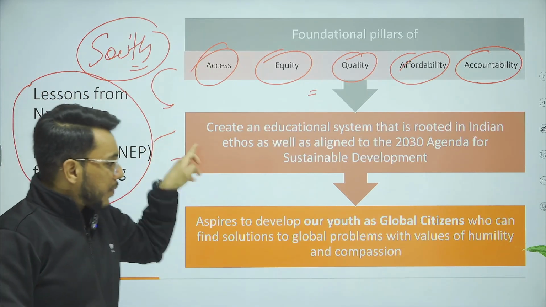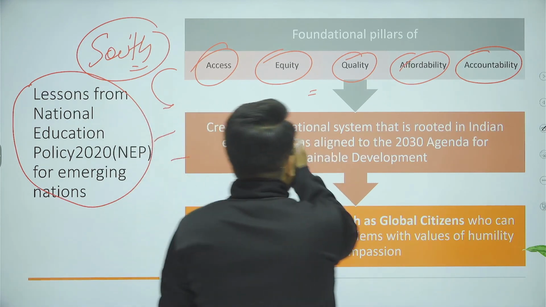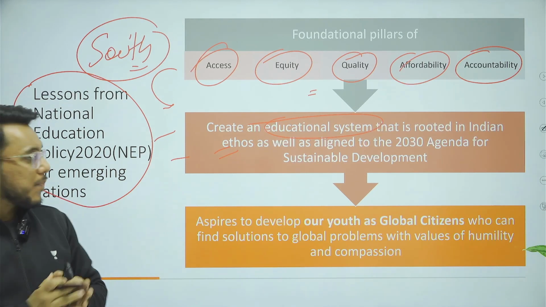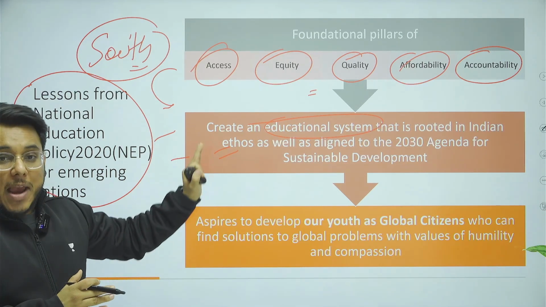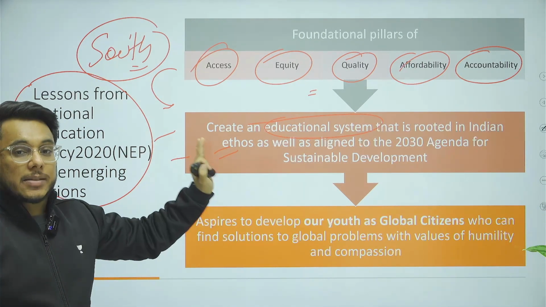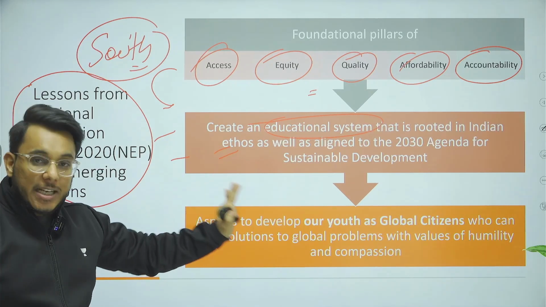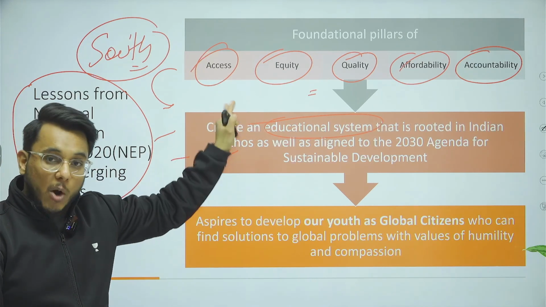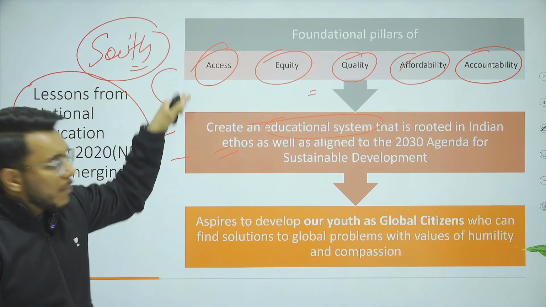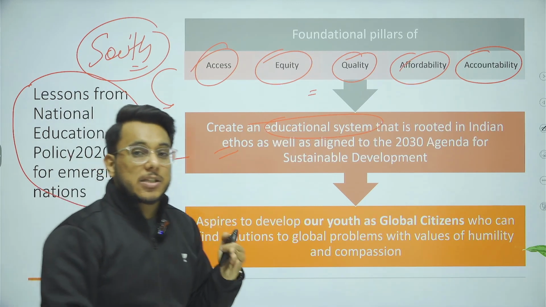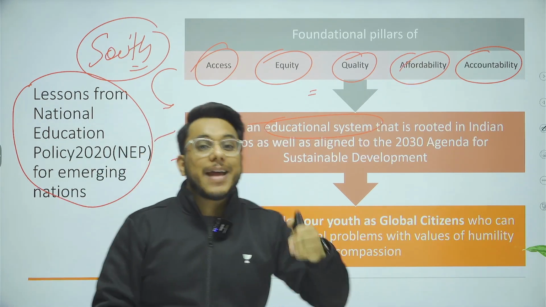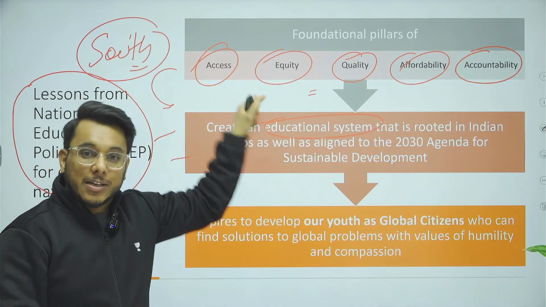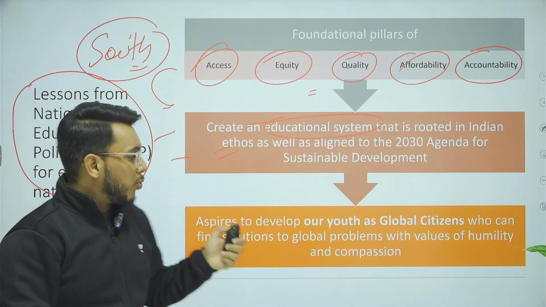Moreover, we are aiming to create an educational system that is rooted in India's ethos, and at the same time ensure that the education-related Sustainable Development Goals we want to reach by 2030 are also reached through the interventions we have brought through the National Education Policy. Because of these factors, India's National Education Policy has been appreciated at the global level, and now we can roll out such a philosophy to the Global South as well.